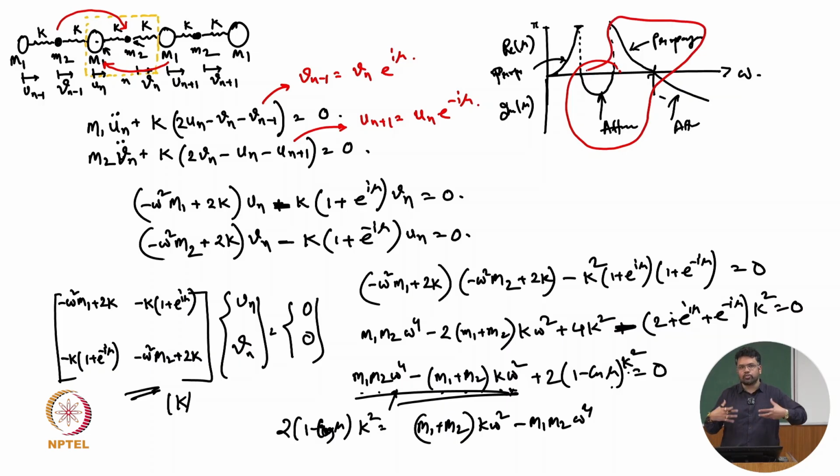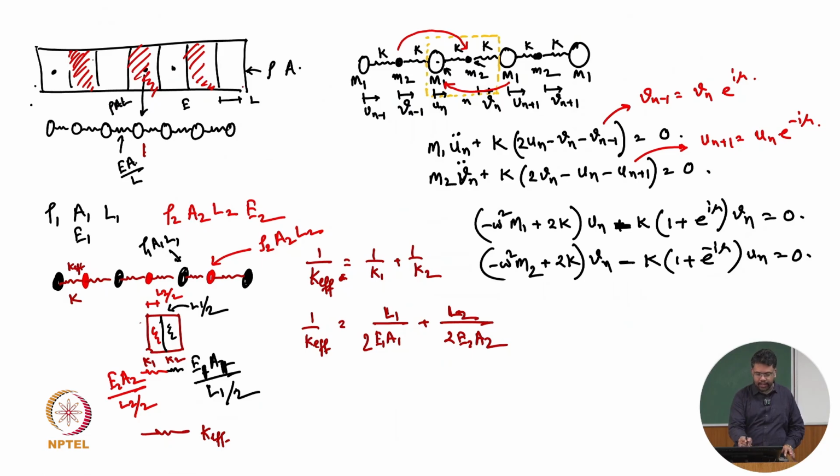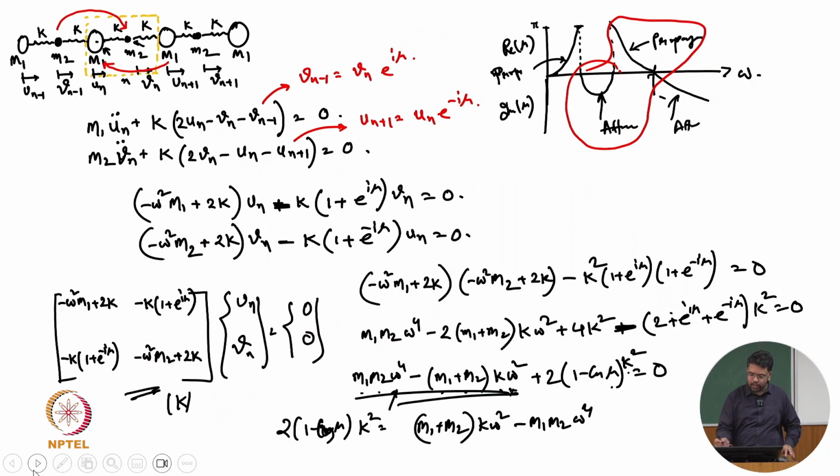So now the insertion of two different materials, or the periodic arrangement of these two materials, allows an attenuation band in between. And this attenuation band occurs because of the concept of periodicity.